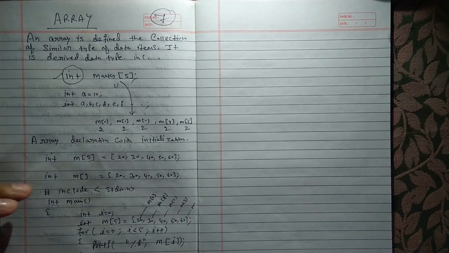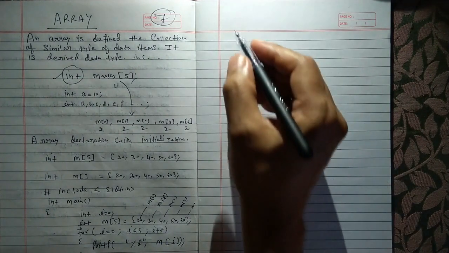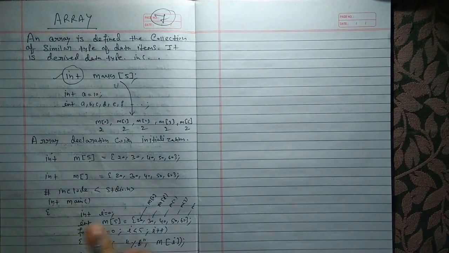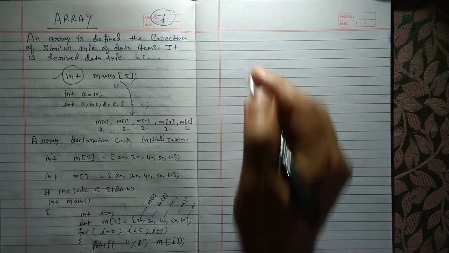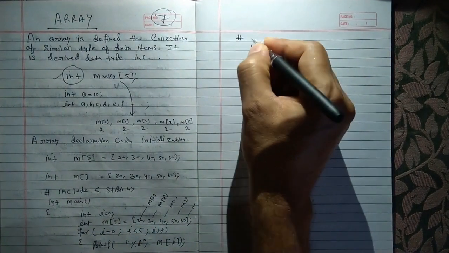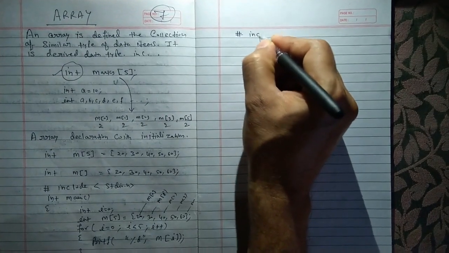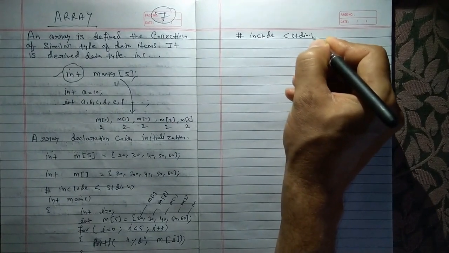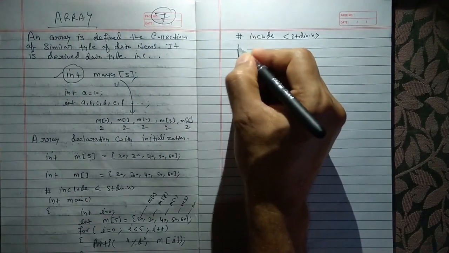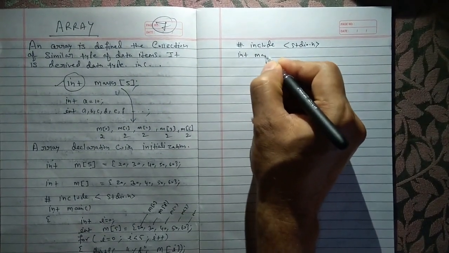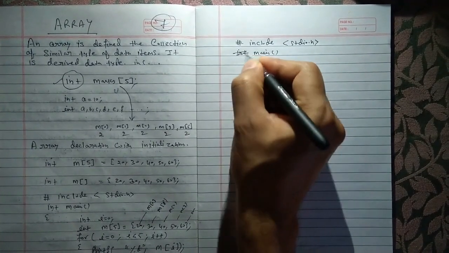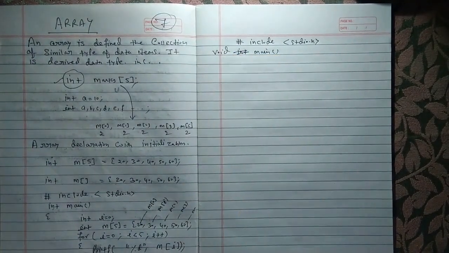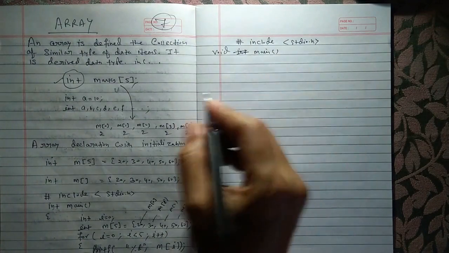And you can also write this program without initializing the array. You can write it like: include stdio.h, then main. This time I am not writing int, I am writing void, because there is no need to write int every time, as it takes more time. So void main.